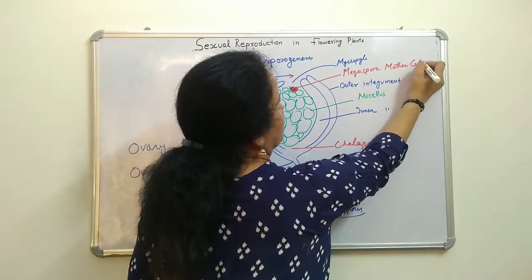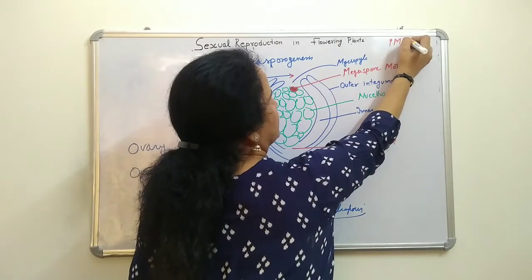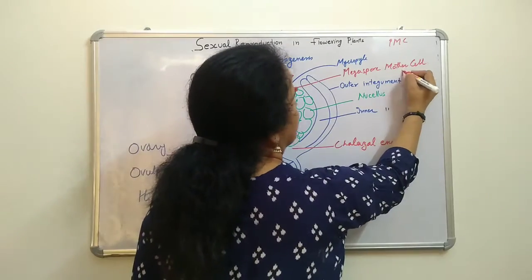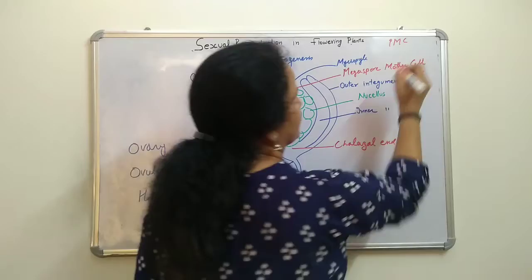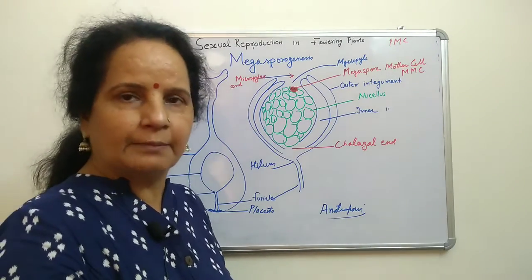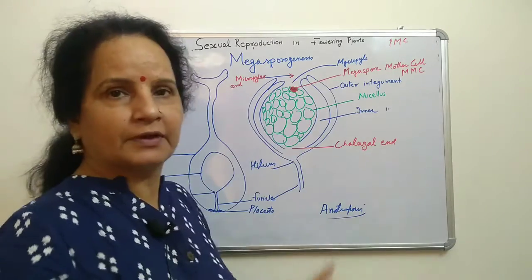As in the male the sporogenous tissue gives the PMC, pollen mother cell, here we call it the megaspore mother cell. This cell is responsible for female gamete formation; it is the mother giving birth to the new gamete.